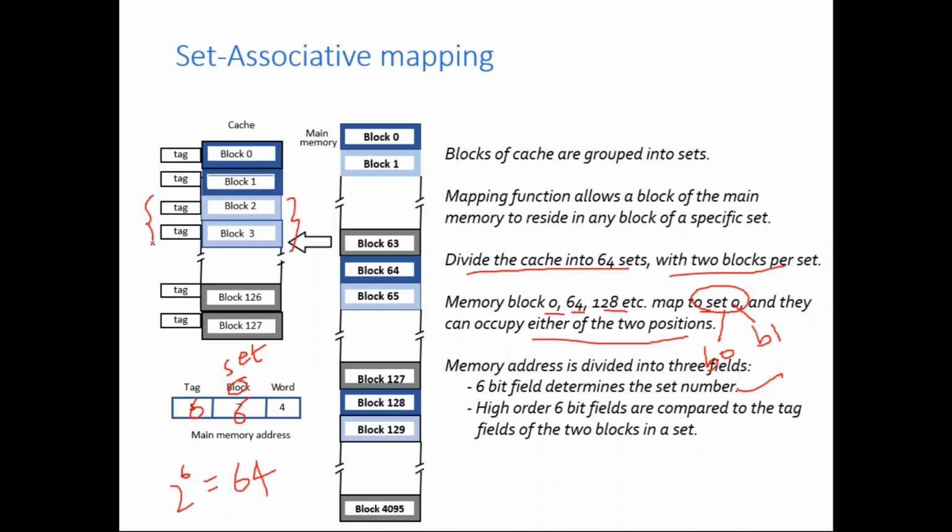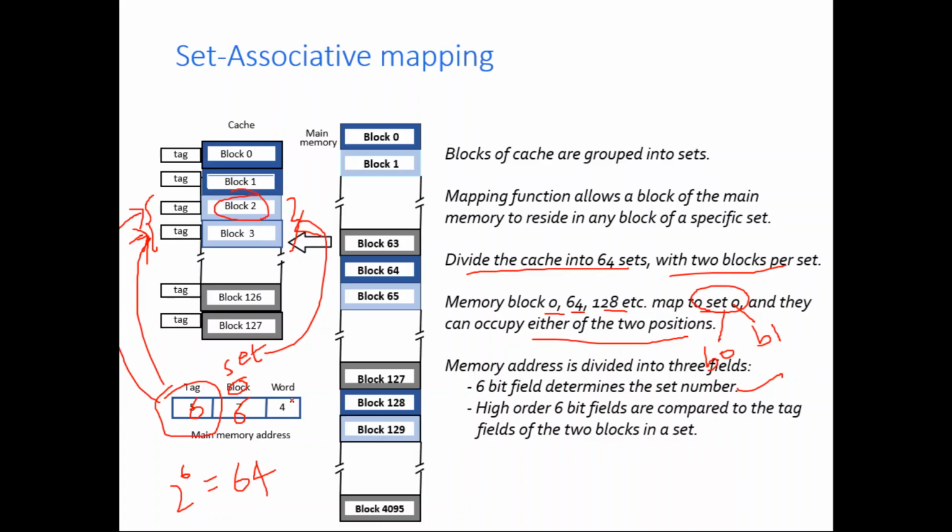Out of these, which block it maps to will be identified by this tag. To locate the set you use the 6-bit set number field, and then the tag field is compared with both the blocks available in that set. Whichever block's tag bits match is the block you are searching for.